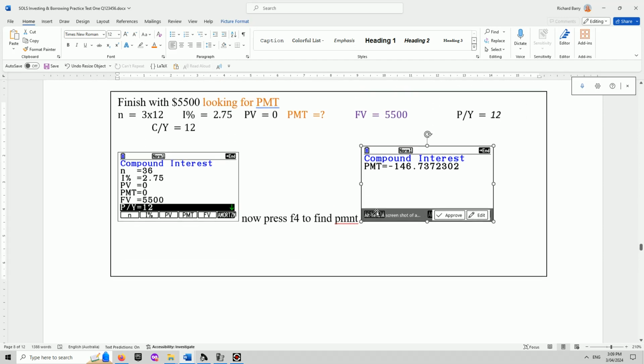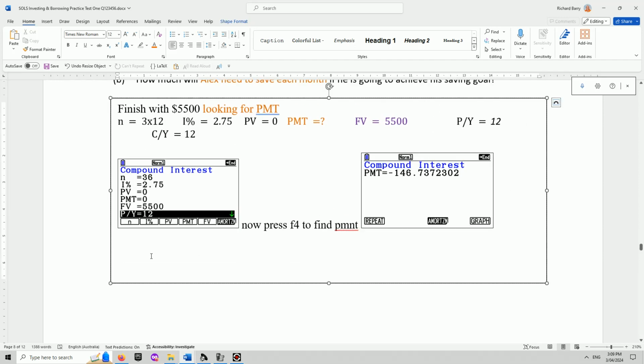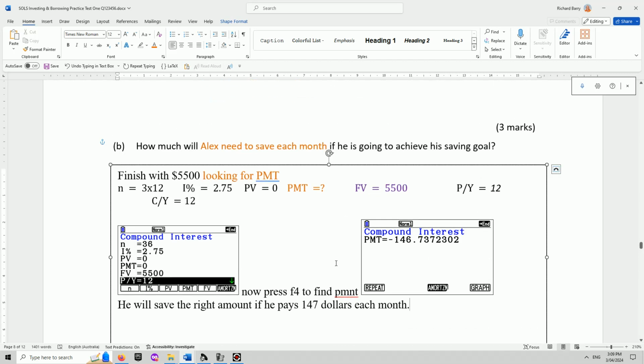So we have the payment amount. Save the right amount if he pays $146. Well, it's just going to say $147 each month. Bang. Okay.